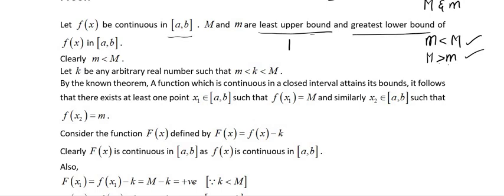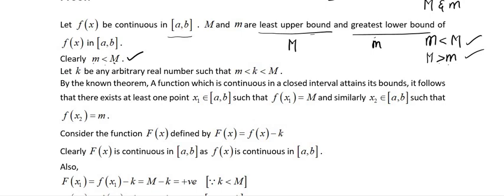Here I am taking the greatest lower bound as small m, the least upper bound as capital M. We know the relation between these two, that is infimum is always less than supremum. That means the greatest lower bound is always less than the least upper bound.